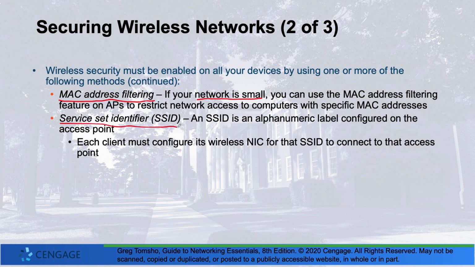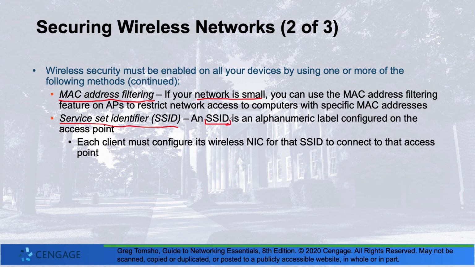Service set identifiers. It's a label for your wireless network. So when you see the words pop up at the bottom of your Windows box or your phone and says this network is available, that's the network's service set identifier. That's the technical name for that name.